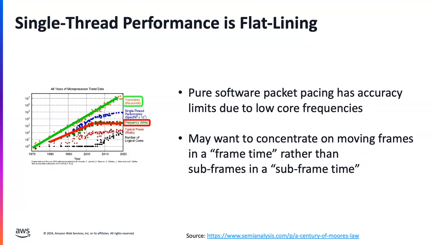So this implies we may want to concentrate, for our software media exchange, on moving frames within a frame time rather than moving subframes within a subframe time. Now, obviously, this influences the way that we're going to be processing this media. It means we have buffers. We may want to move to asynchronous models.